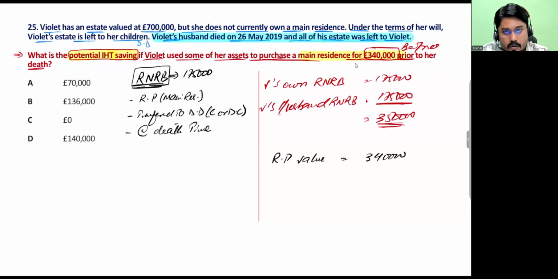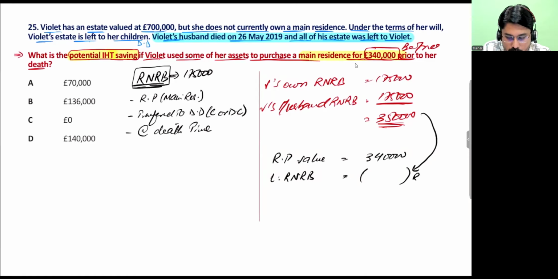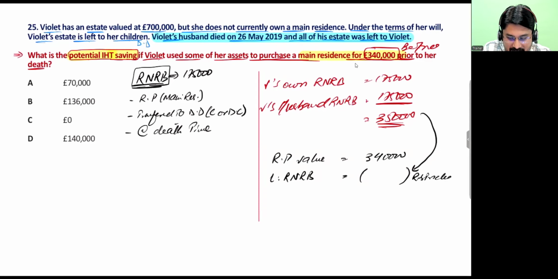This can be covered by the residential nil rate bands, which are available to the extent of 350,000. But can we use 350,000 or should we use a restricted residential nil rate band? Yes, we have to restrict the amount, because the property value is not more than the nil rate band. So instead of taking 350,000, we must take 340,000 as the nil rate band. So the property value will be nil.